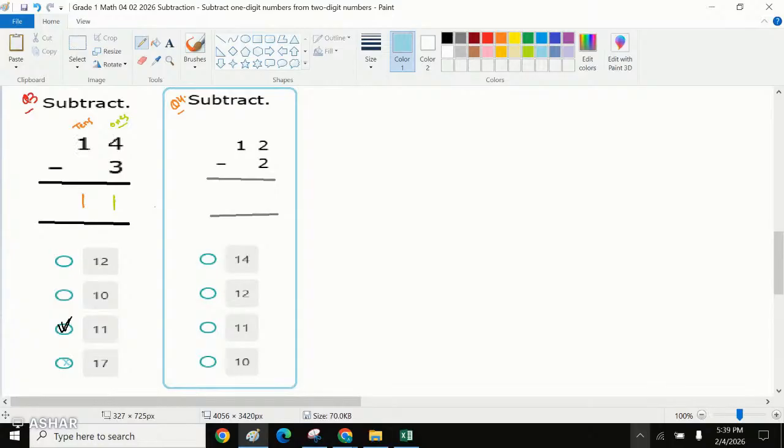And 12 minus 2 should be? Twelve subtract 2, it should be equal to? Yes, thank you. It should be 10, right? Because this is 0 and this is 1.